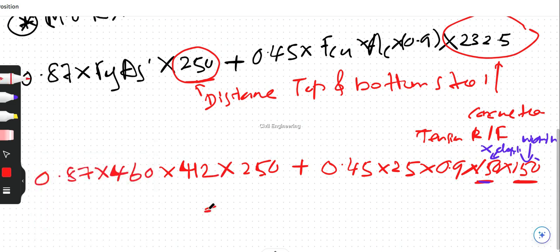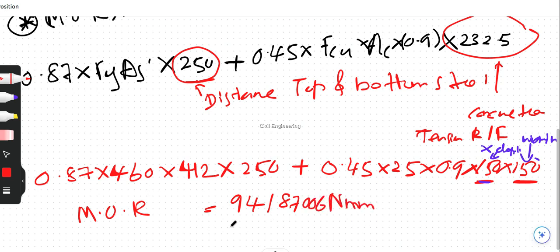The final answer for the moment of resistance is equal to 94187,006 Newton millimeter. We can simplify it further as 94.2 kilo Newton meters. This is the moment of resistance of this beam.